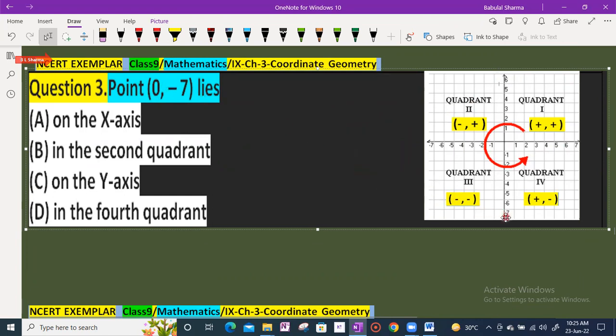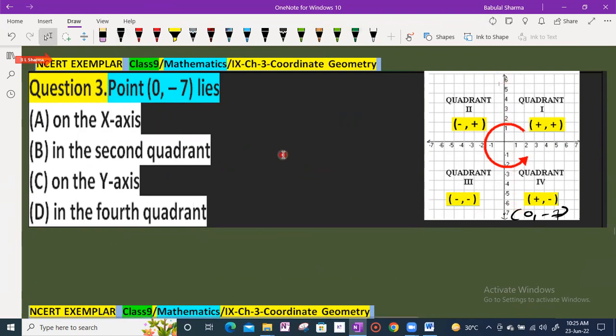So this point will be here. The coordinate of this point will be 0, -7, and this point is lying on the y-axis.